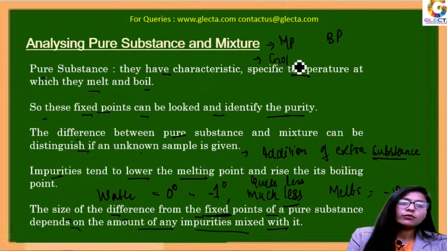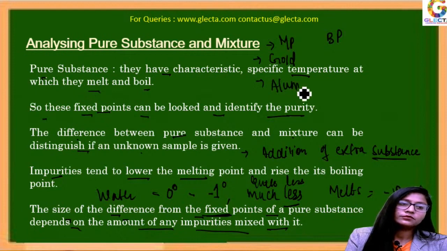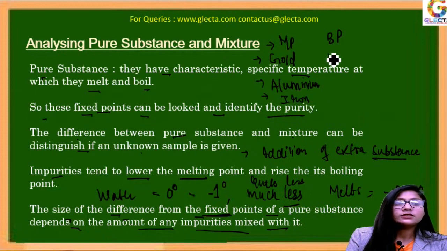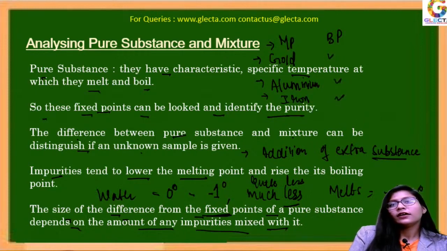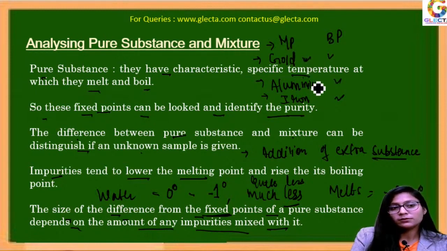Try to find out the melting point of gold, aluminium, and iron, and their boiling points as well. If it is pure in nature, you have to find out its melting point and then its boiling point.